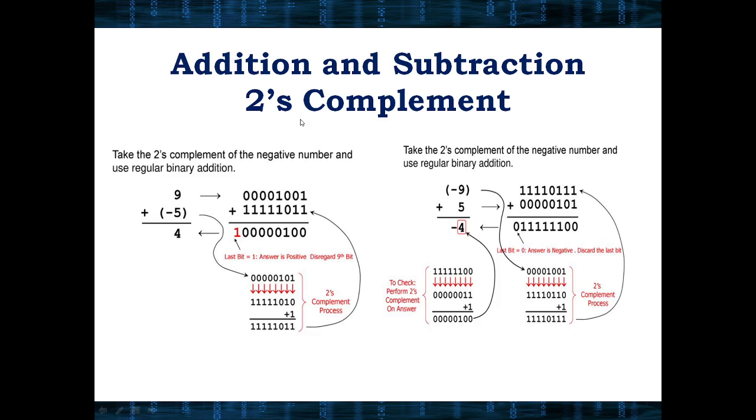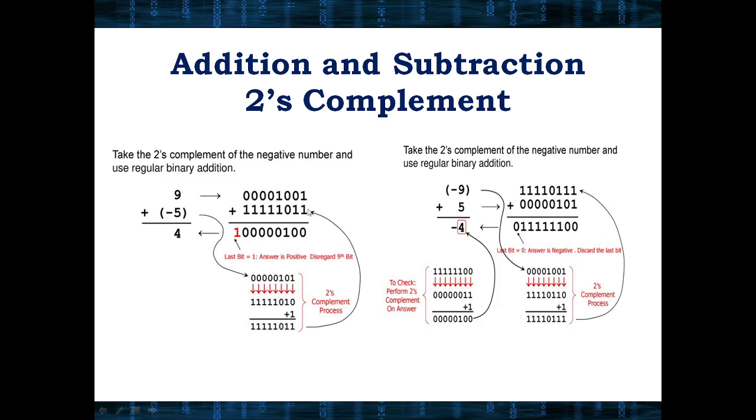Two more examples on this. Take the 2's complement of the negative number and use regular binary addition. The given number is 9 minus 5. So 9 as it is, because it is a positive number, then for minus 5, take plus 5, take the 1's complement of this and add 1 to it, so that becomes your 2's complement.